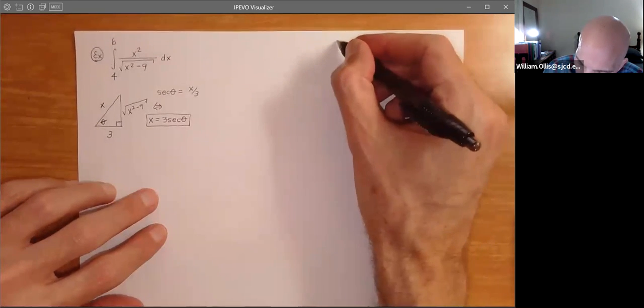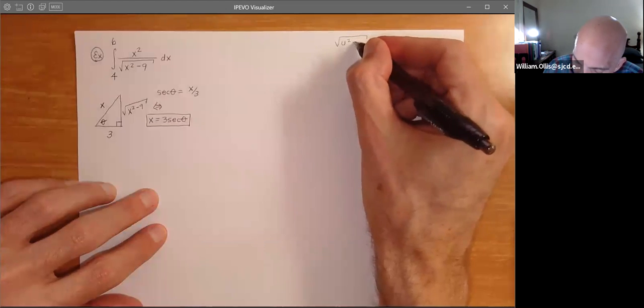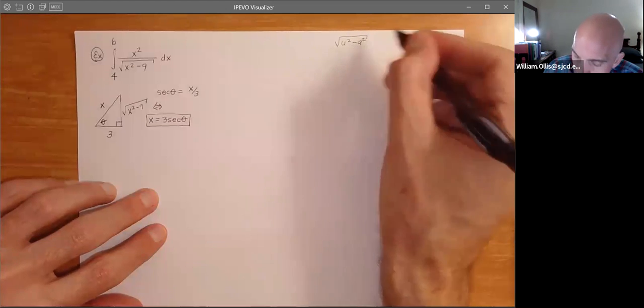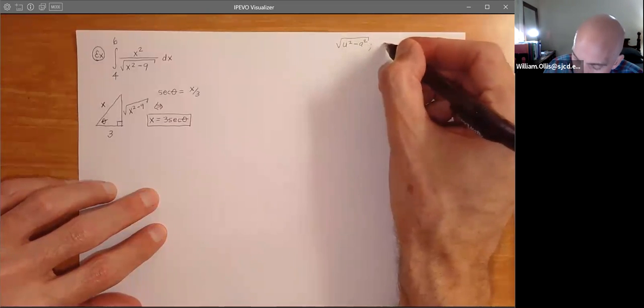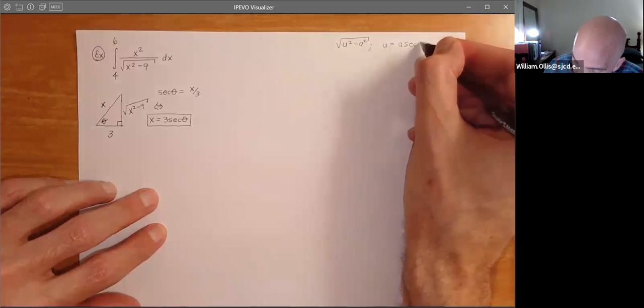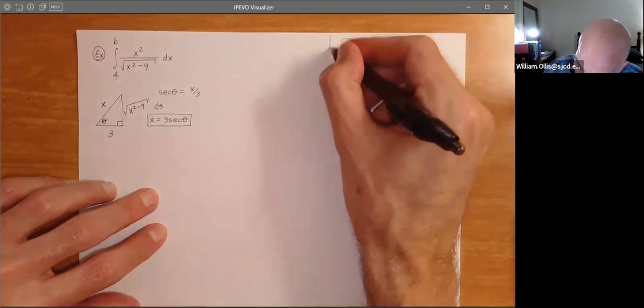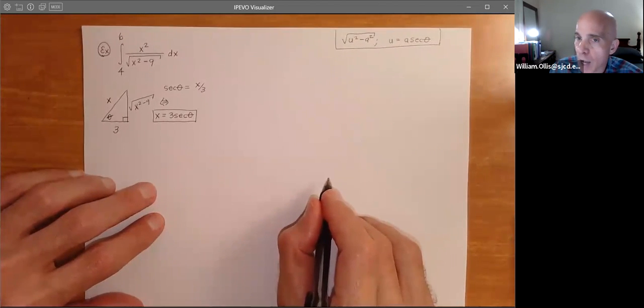So we can say, okay, if you've got u squared minus a squared and you want to get rid of this radical, conveniently use u equals a secant theta. And this will give you simple algebra in terms of trigonometry.